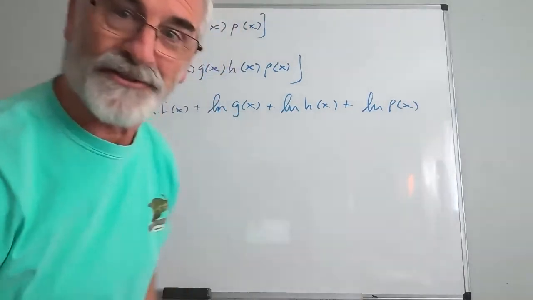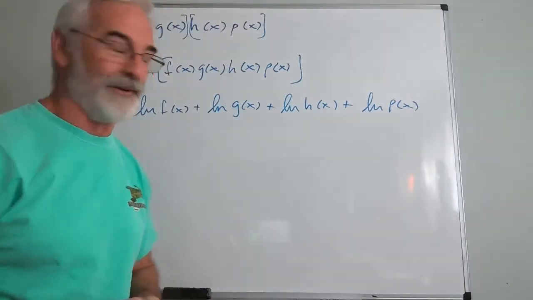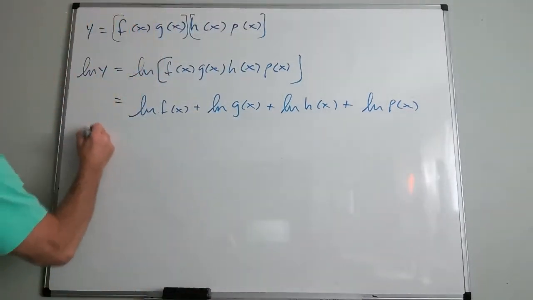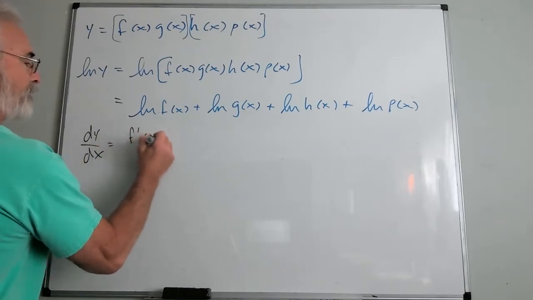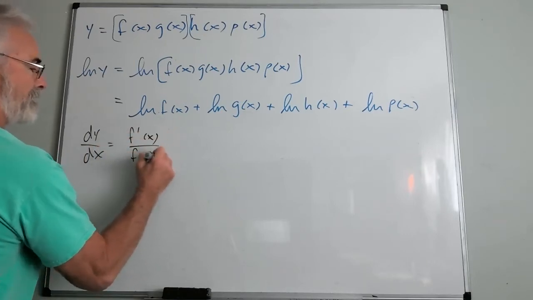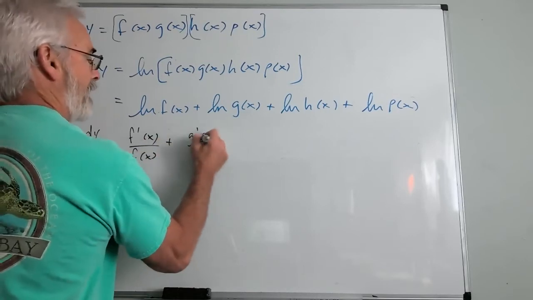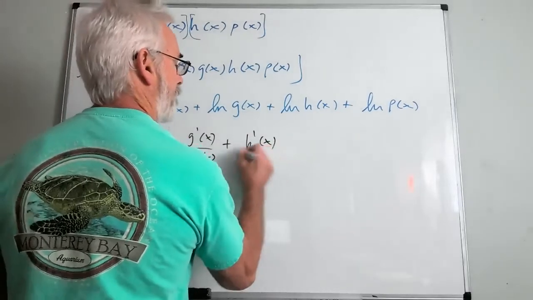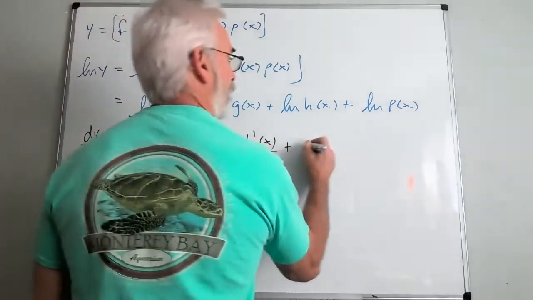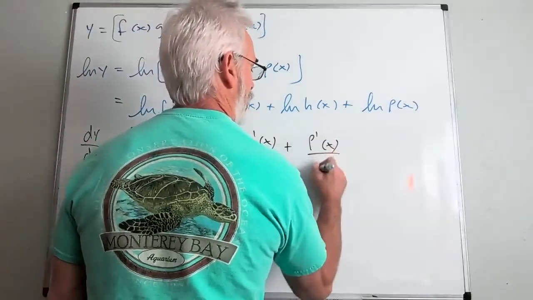I don't care what the functions are. This is way simpler. So now what is dy dx? I'll write it this way. How about f prime over f plus g prime over g plus h prime over h plus p prime over p.